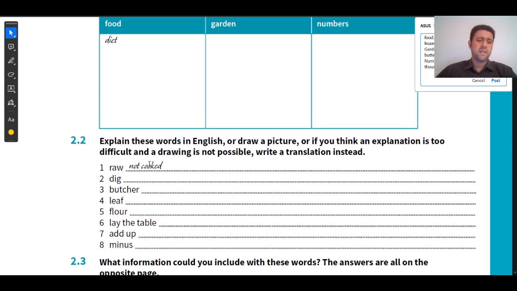Dig means to make a hole in the ground. Butcher is a person who sells meat. Leaf is the flat green part of a plant. Flour is a powder. Lay the table means to set up the table before eating. Add up means to sum different numbers together. And minus, as an example, 10 minus 8 equals 2.